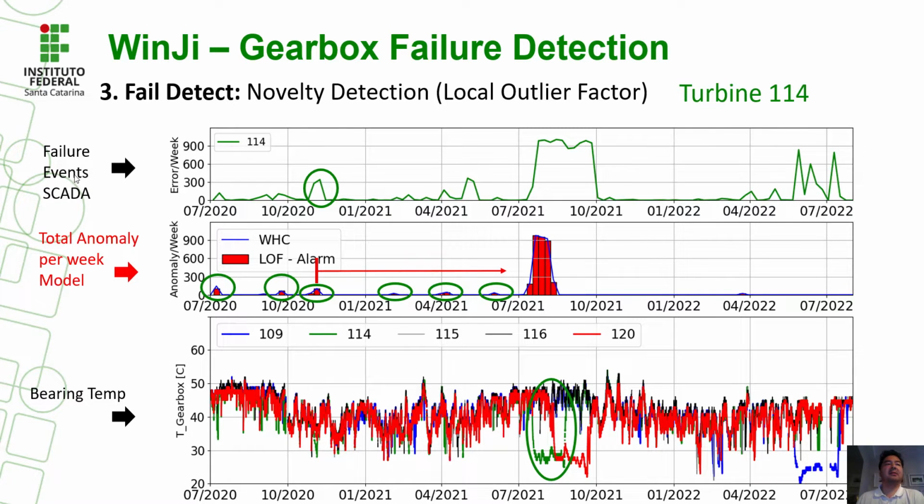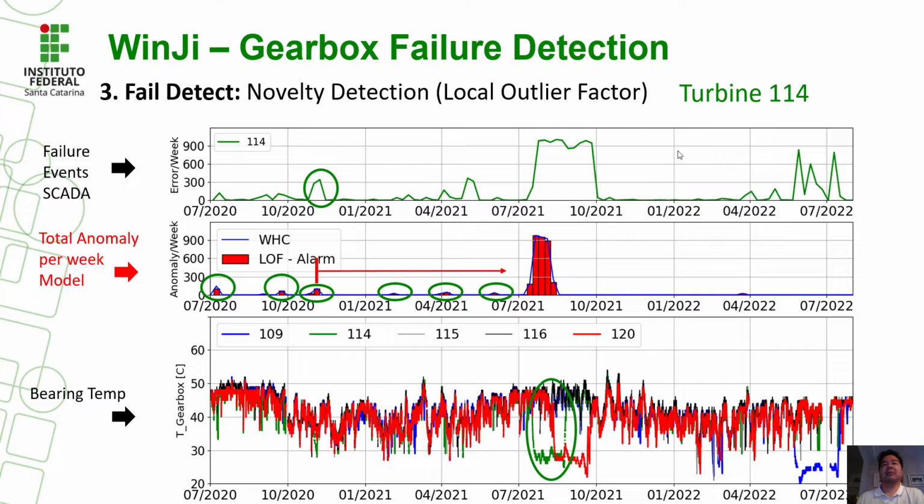And this is the SCADA event here, the events that really accumulate. Of course, you have some false alarms here, and some alarms that the algorithm did not detect, so it's not perfect. But you can really visualize some detections before the problem later.